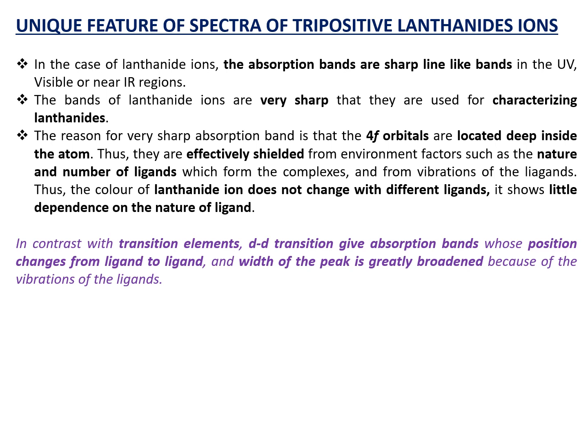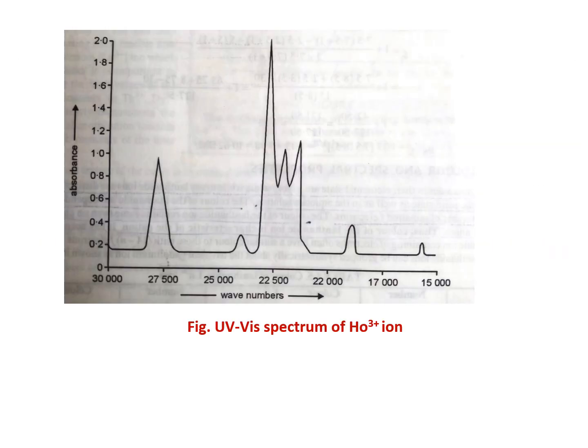In transition elements, d-d transitions give absorption bands whose position changes from ligand to ligand, and the width of the peak is greatly broadened because of the vibration of the ligand. The lanthanide spectrum does not change with different ligands. It shows little dependence on the nature of the ligands. The UV spectrum of the lanthanide ions.